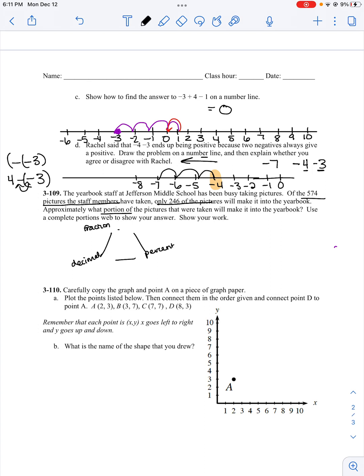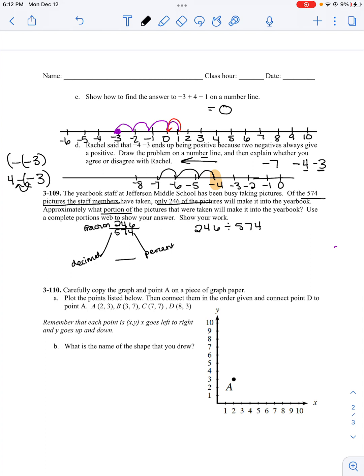So my fraction, so there were 574 photos taken. Only 246 of those are going to make it into the yearbook. So I need to divide 246 divided by 574.